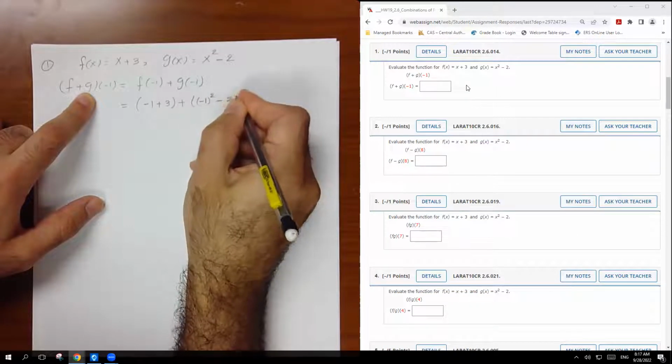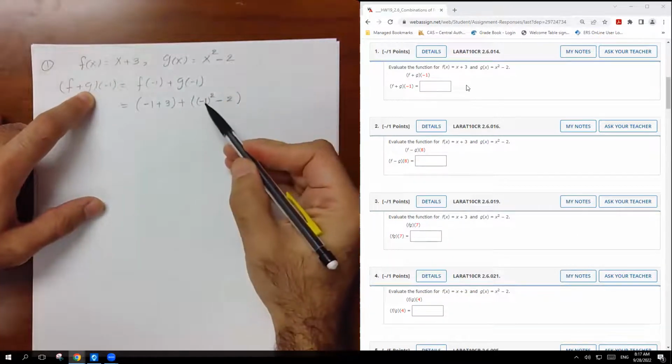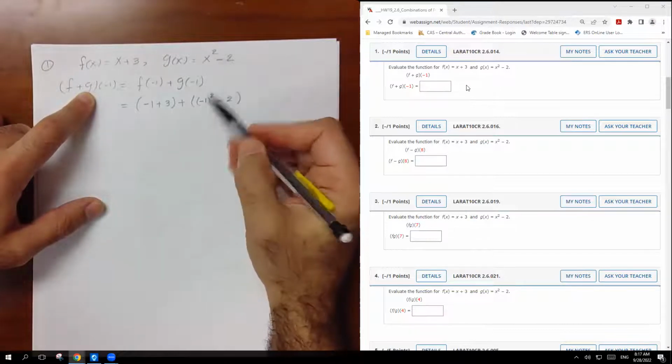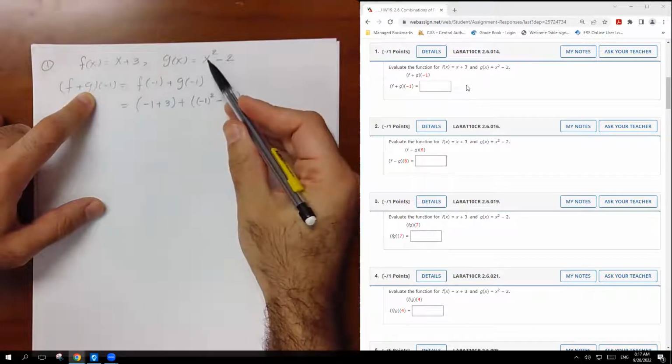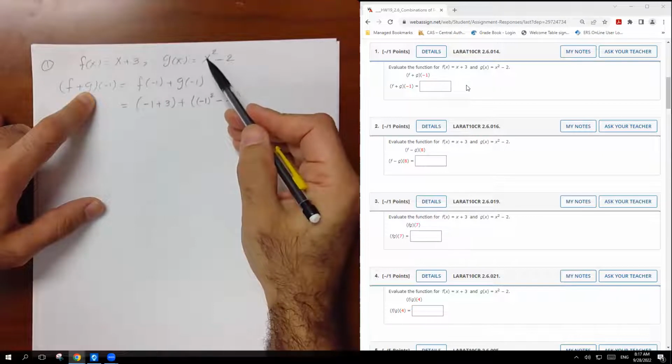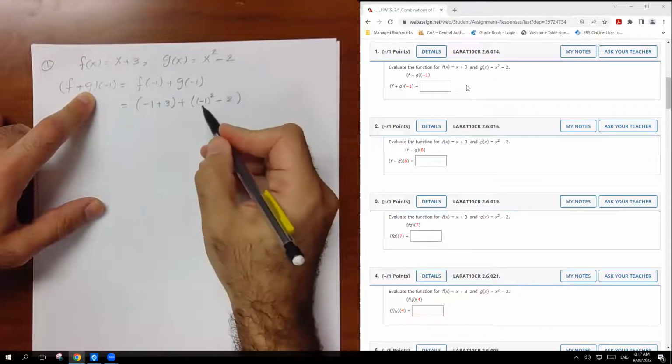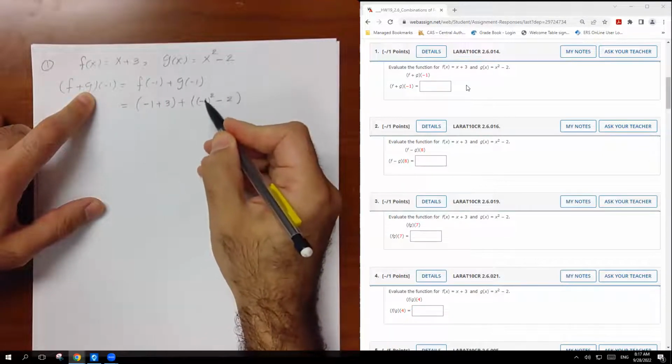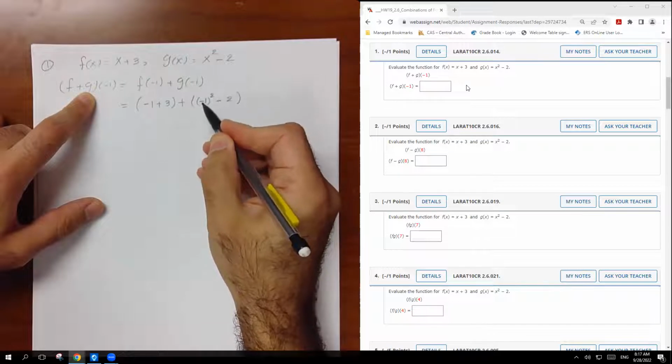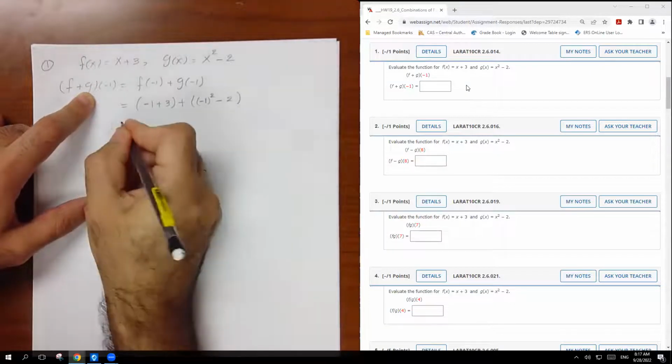minus 2. Always be careful when you plug in negative 1 or a negative number in the x squared. Put parentheses, because the exponent applies to everything inside the parentheses, the negative sign and the number.